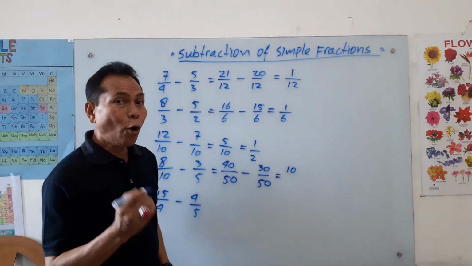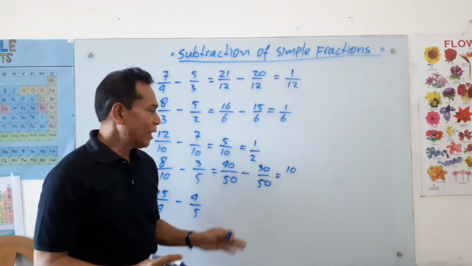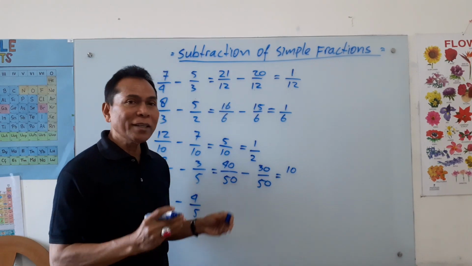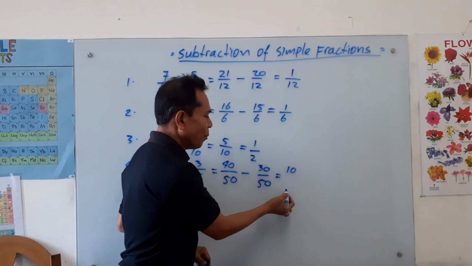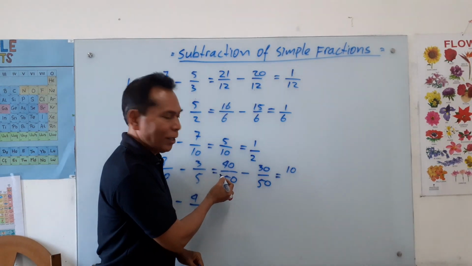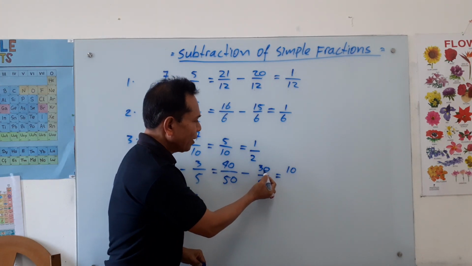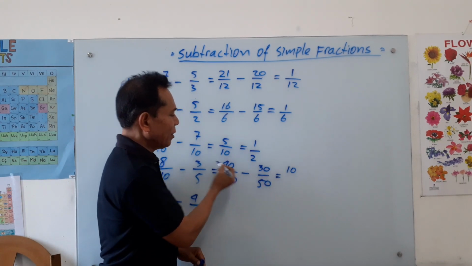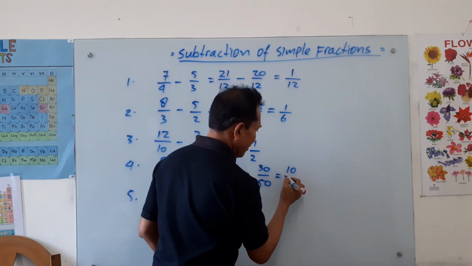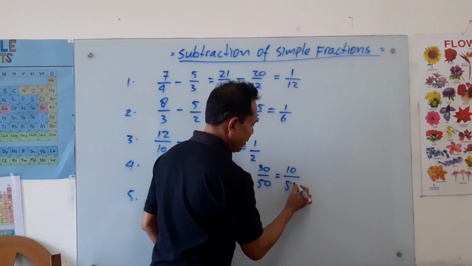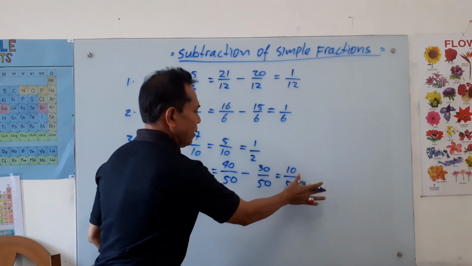Or the opposite of subtraction is addition. 10 plus 30 is 40. 40 minus 30 is 10. Alright? Over 50.